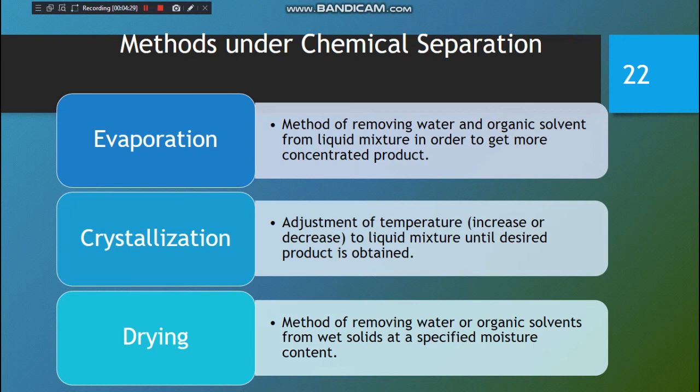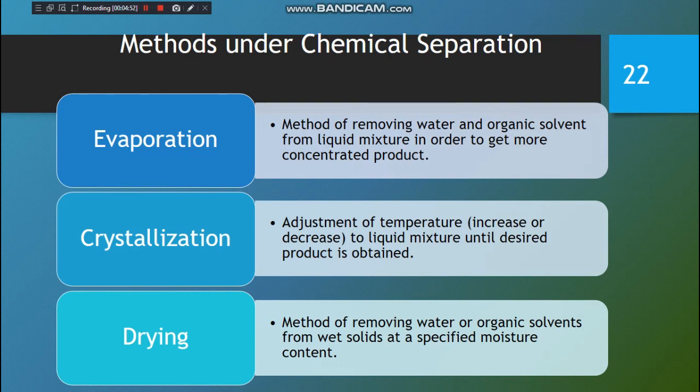And sometimes we can say that for crystallization, under certain operating conditions, dissolved materials in solution are recoverable in solid form by precipitation upon cooling, upon removal of solvent or addition of a precipitation agent.